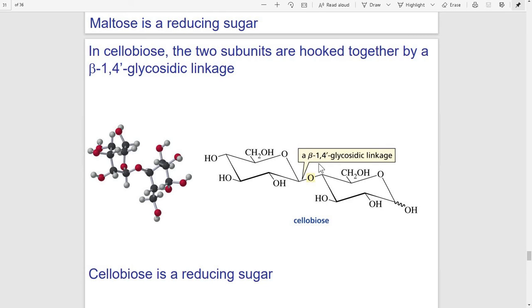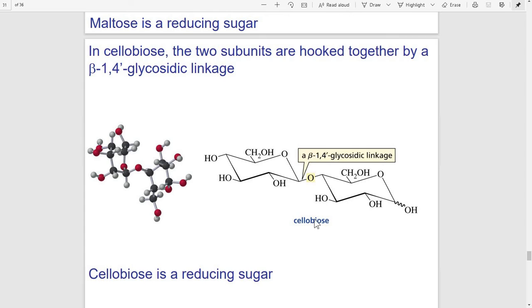Here is carbon number one, and here 1, 2, 3, 4, the fourth carbon. The 1,4-glycoside linkage is present in cellobiose. Here is the 3D structure and here the chemical structure. Cellobiose is also a reducing sugar because this OH is present, meaning a hemiacetal is present here.